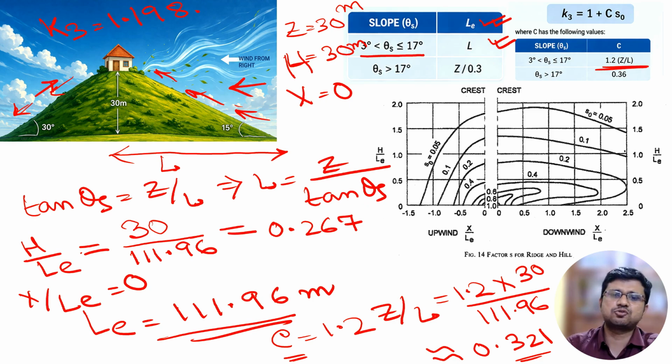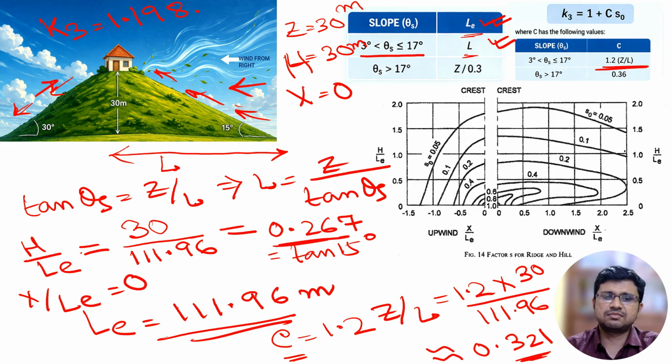This is very similar to tan 15 degree, because tan 15 degree is also 30 by L, and H by LE is also 30 by L because for this particular problem, L is LE. So for this problem, H by LE is 0.267, C is 0.321, and LE is 111.96 meter. So what is the value of S0? For that again we can use this particular chart.